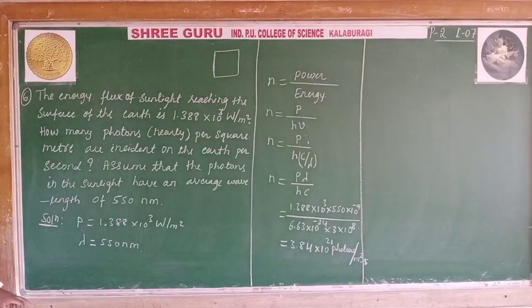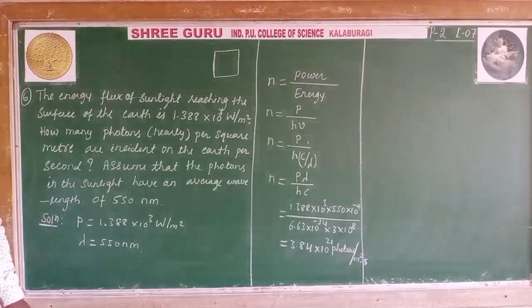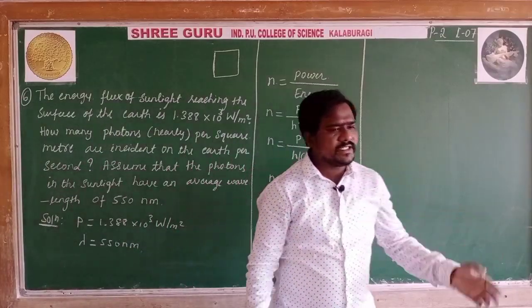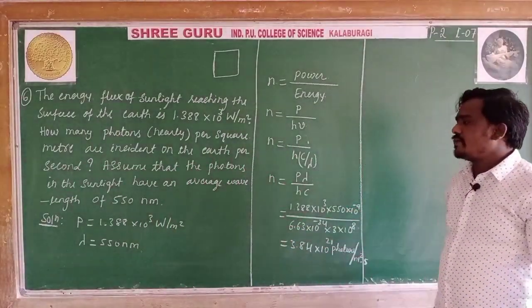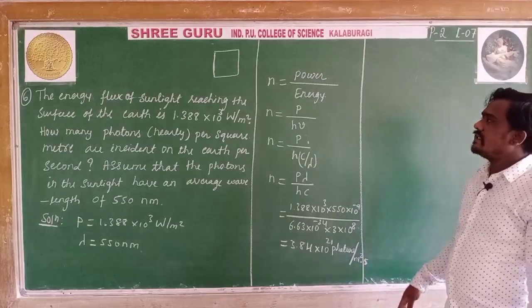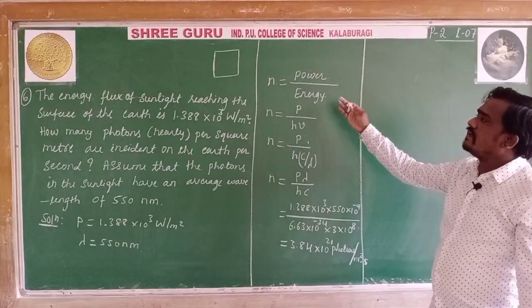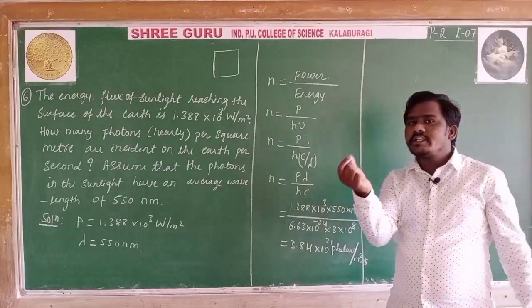This is our answer. Keep in your mind, if they ask how much energy, by using the wavelength we can find that energy also, and if the power is mentioned, we can find the energy for each photon.